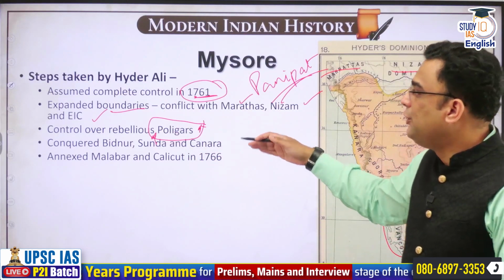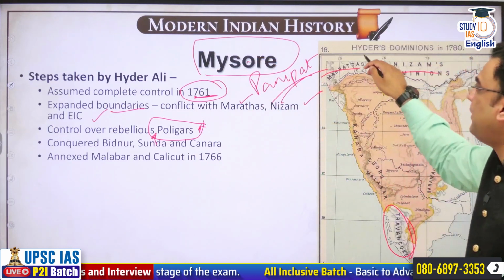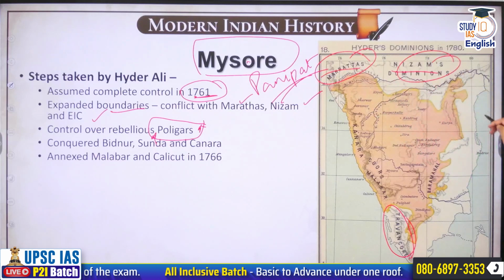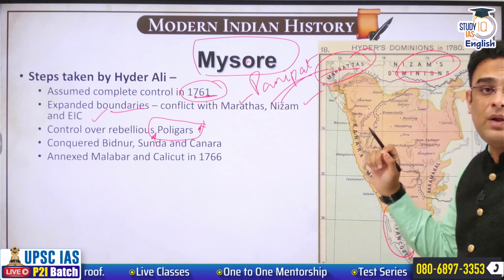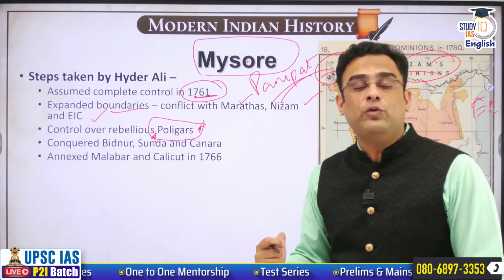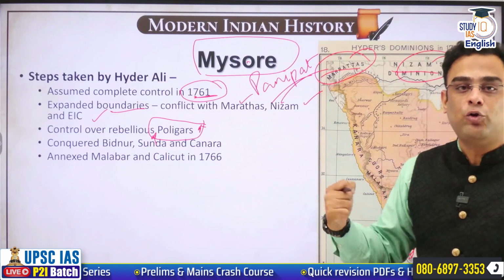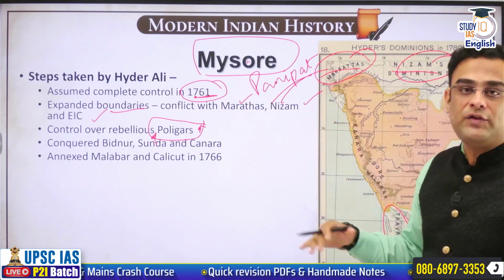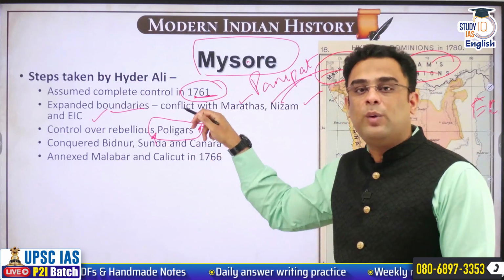Now, this was not conducive for the state of Mysore. Why? Because the state of Mysore has to fight powerful enemies like Marathas, Nizam, and also East India Company on the other side. While fighting these enemies, Mysore requires a very strong army and complete control on the state. Polygars, who naturally had a tendency to challenge and rebel against the state, were a danger.